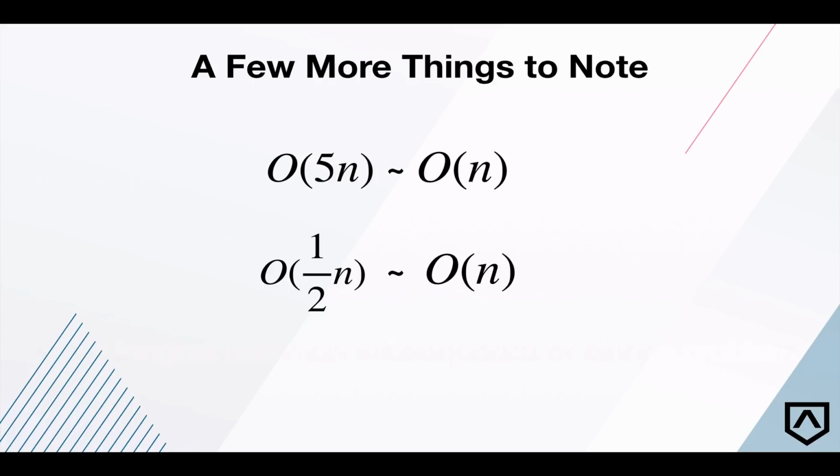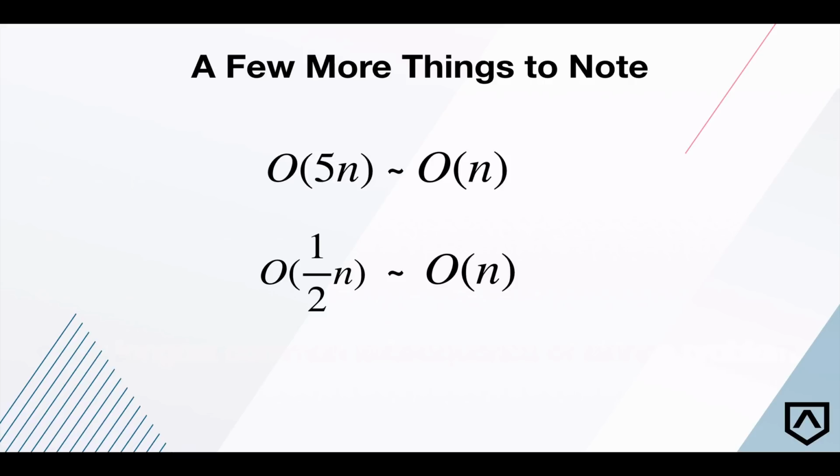Okay, I have a few more things to note before we end the video here. We alluded to this earlier, but I'm mentioning it explicitly now: when we're evaluating the runtime of some algorithm, what's nice about Big O is that it gives us the wiggle room to drop constants.